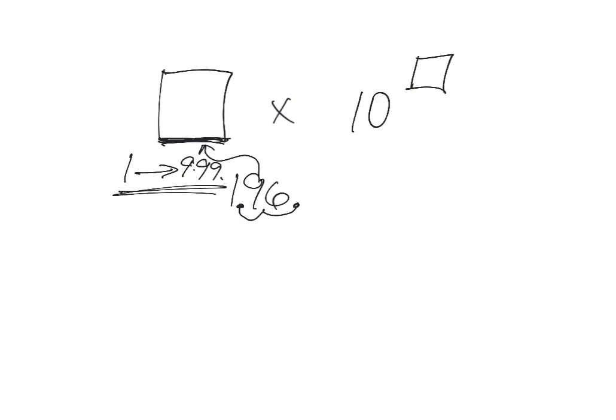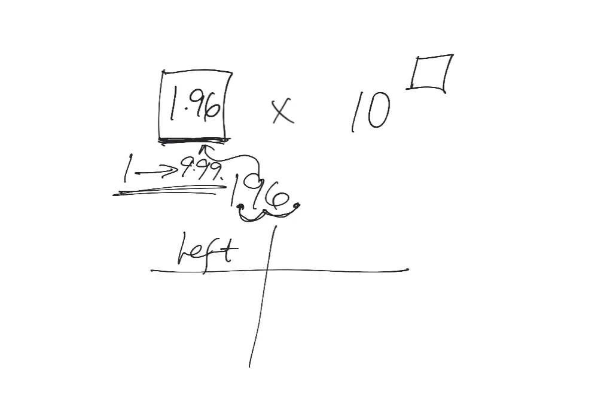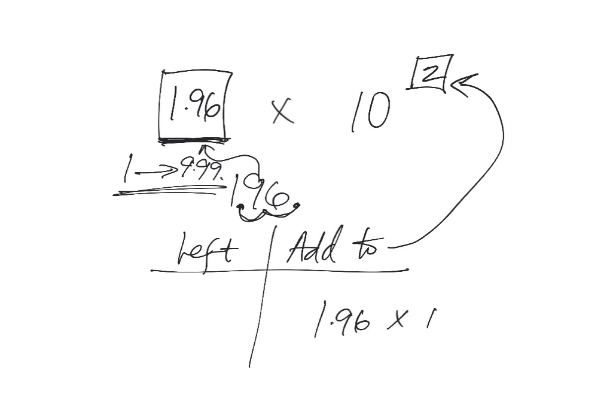So if we're using 1 to 9.99, in this case, it's going to be 1.96. We move the decimal twice. Because we move the decimal to the left, we have to add to the power over here. So that becomes a 2 over there. We can check our work by asking what is 1.96 times 100, because 10 squared is 100, and that becomes 196. So we see that it works.